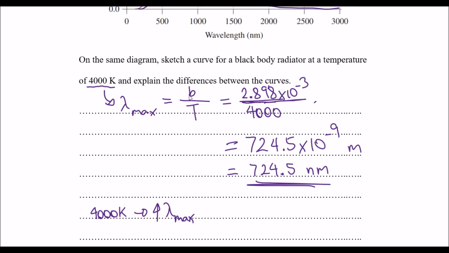And the reason why we know that, if you can actually see, as temperature decreases, the maximum wavelength increases, because the maximum wavelength is inversely proportional to T. So if max goes up, that's due to a drop in our T value in comparison to the 5000K.